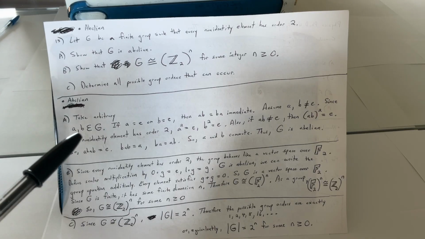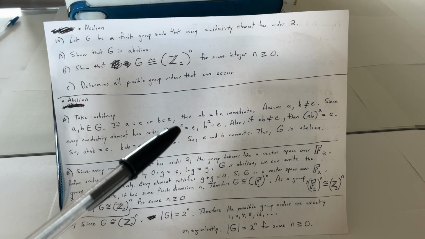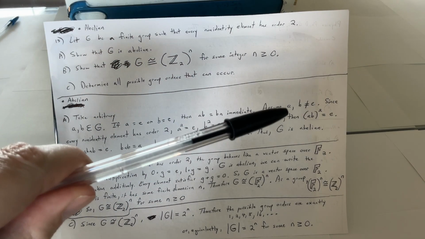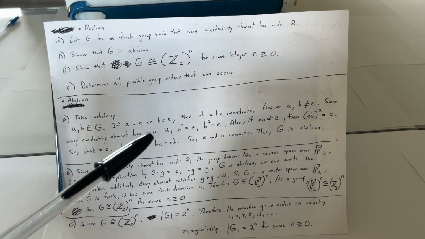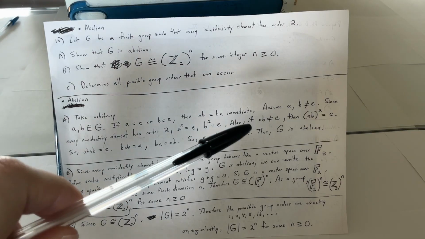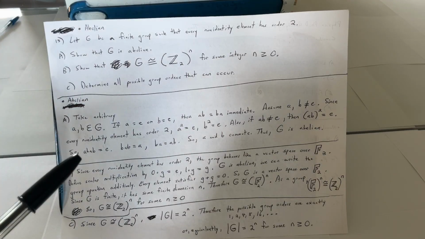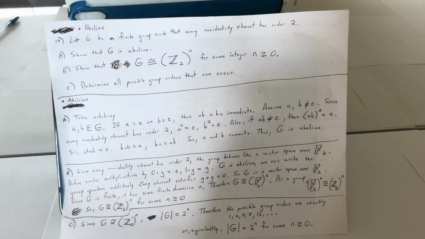So we take arbitrary a, b in G, and if a equals e or b equals e, then ab equals ba immediately. Assume a, b cannot equal e. Since every non-identity element has order 2, a squared equals e and b squared equals e. Also, if ab does not equal e, then ab squared equals e. So abab equals e, bab equals a, ba equals ab. So a and b commute, thus G is abelian.